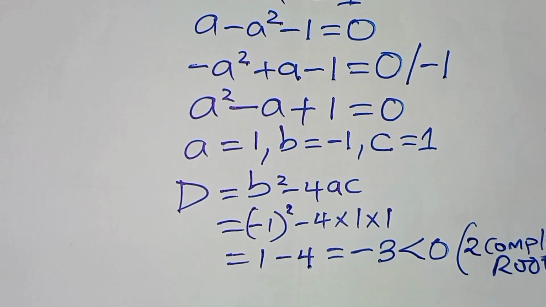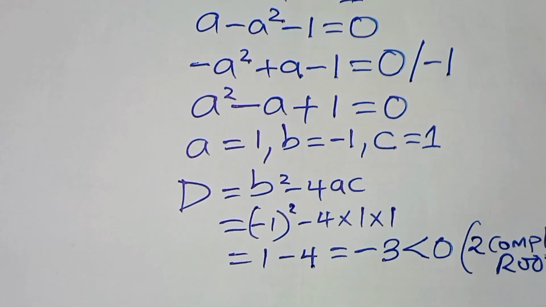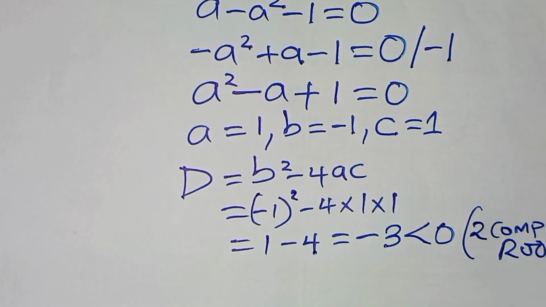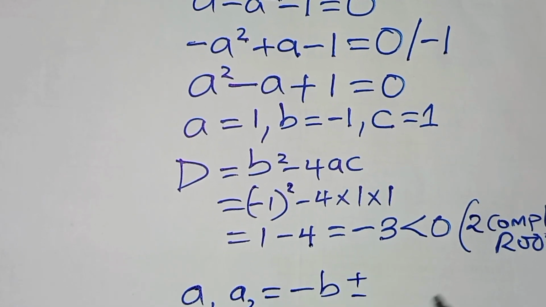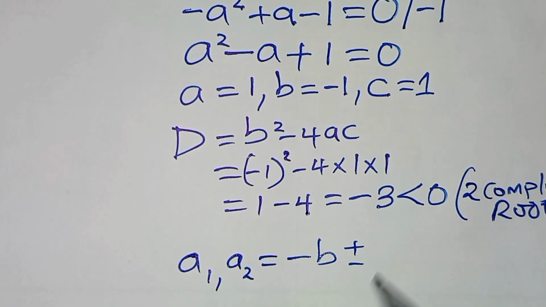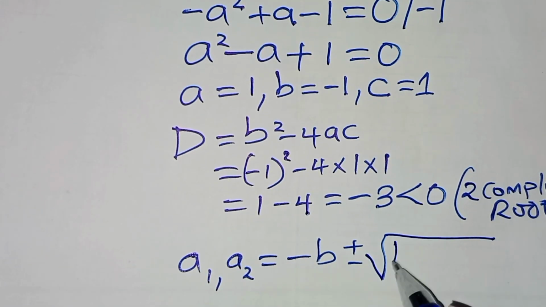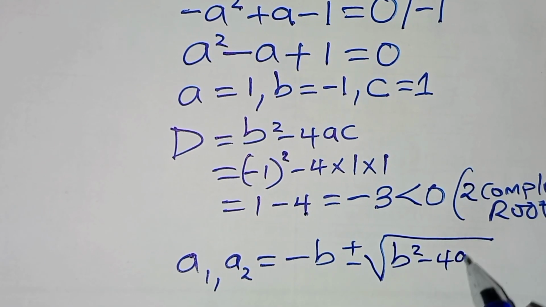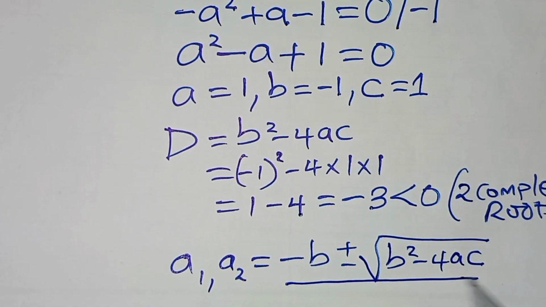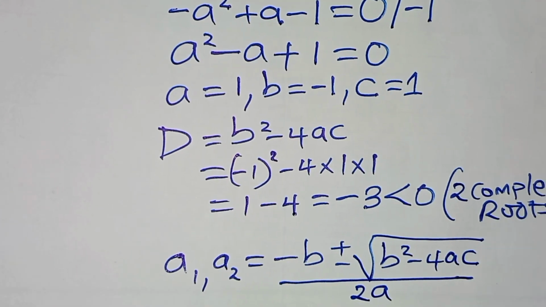And so for these two complex roots, let's apply the quadratic formula so that now we'll have a1, a2 equal to negative b plus or minus the square root of b squared minus 4ac, all this divided by 2 times a.